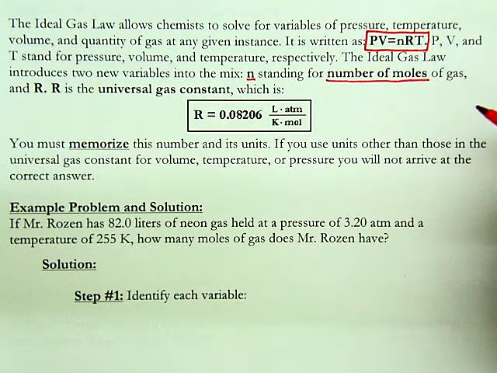So moles of gas. This equation actually allows us to solve for how many moles of gas are present. Hopefully it makes sense that if you have a container where the volume is fixed and the temperature is held constant, if you put 1 mole of gas in the container, it would exert some pressure on the container walls.